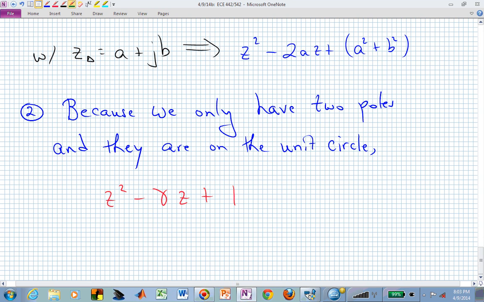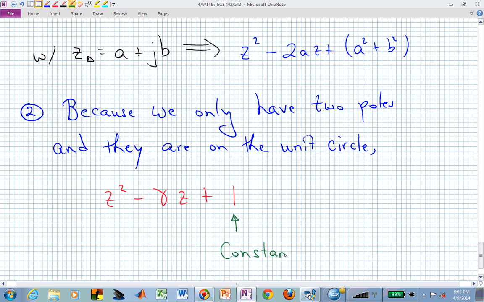That's why the constant coefficient is 1. If we had 3 poles and 2 were on the unit circle and 1 was not, then this constant would not equal 1. It would basically equal the product of all 3 of those, which would be influenced by the third root.